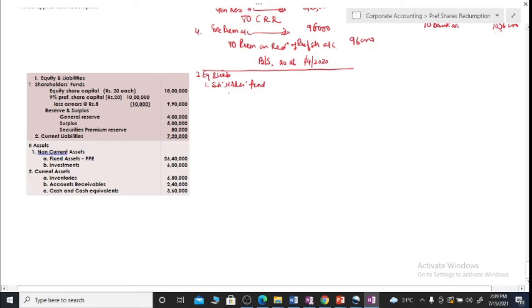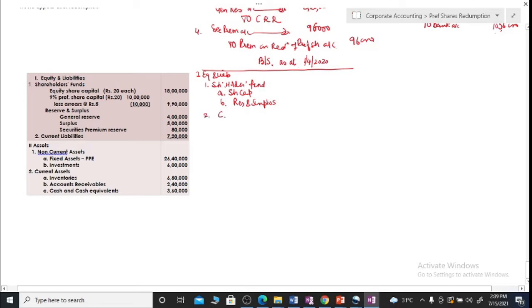So this is equity shareholders funds. This includes number 1 share capital, number 2 reserve and surplus. Although in your question the capital and reserves are given in the balance sheet itself, but as per Company Act rules this is not the proper way. So when you are making balance sheet, you have to make it in the proper manner.